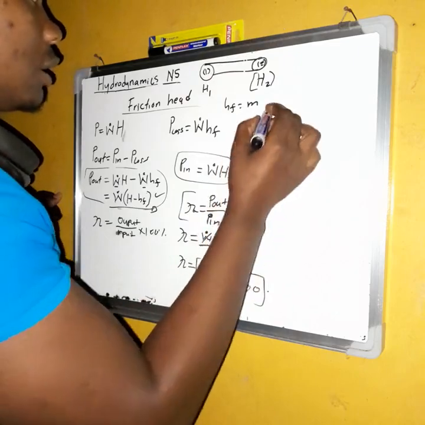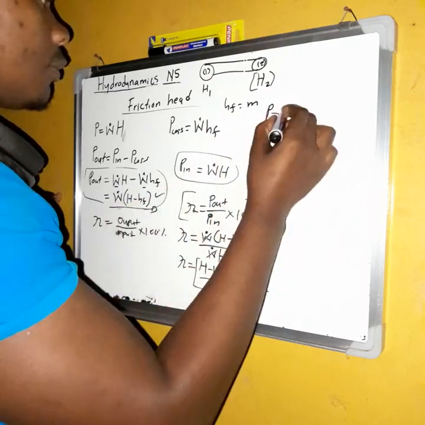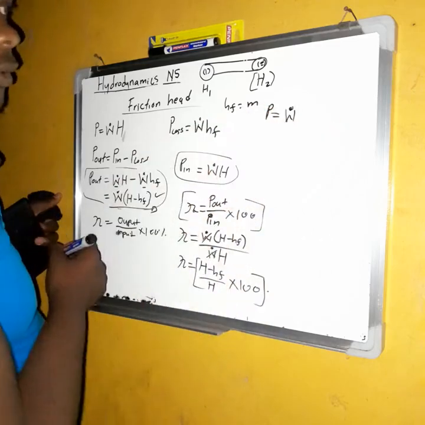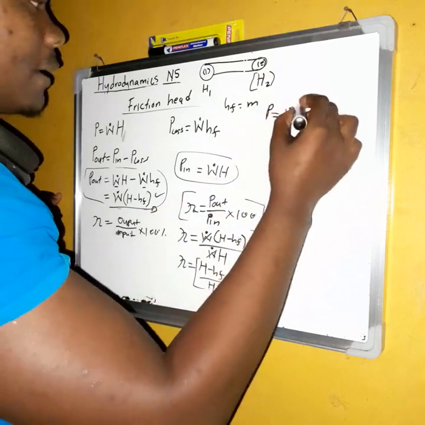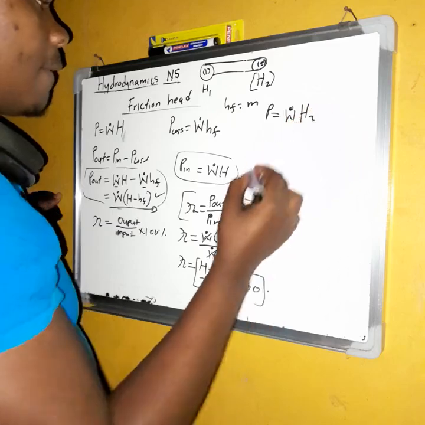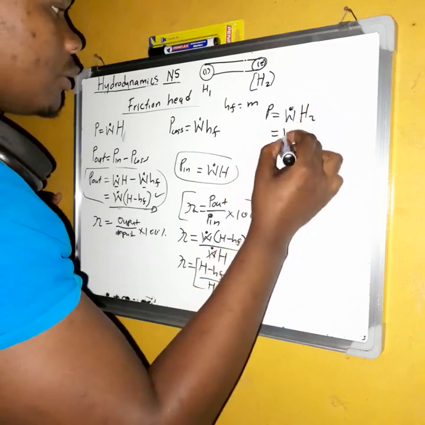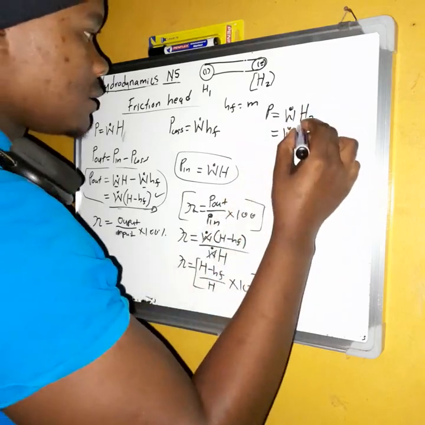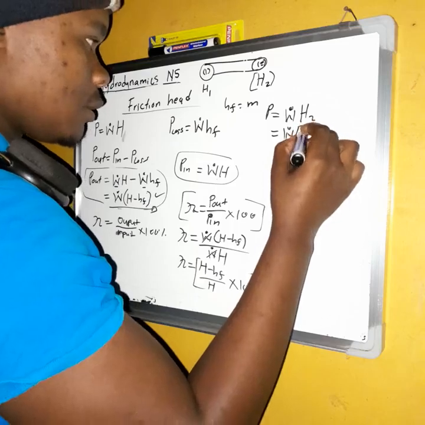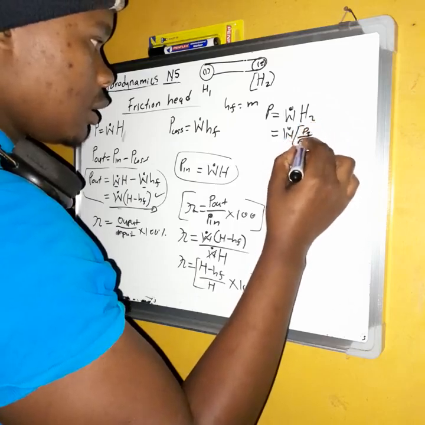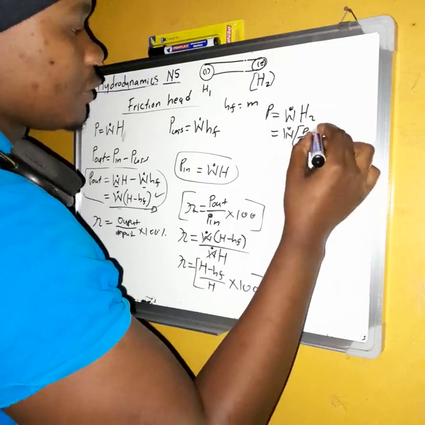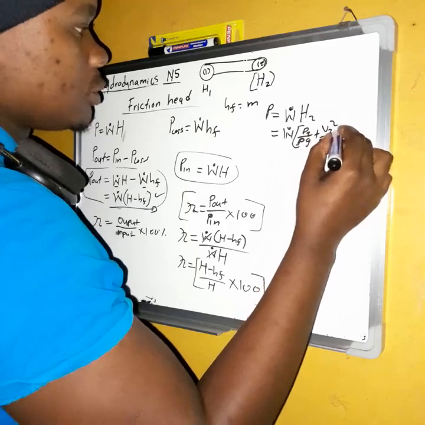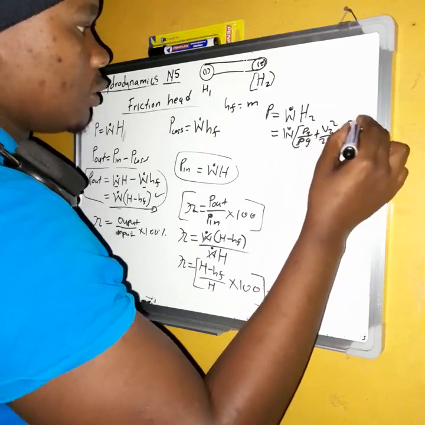For that diameter, the power must be equal to W dot, the weight flow, multiplied by H2. We know H2 is the same as P2 over density multiplied by gravity, plus V2 squared over 2G, plus Z2.